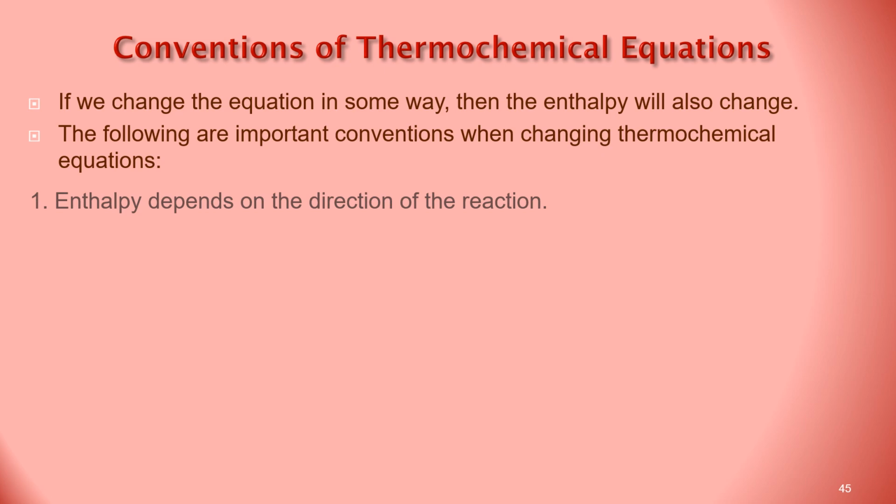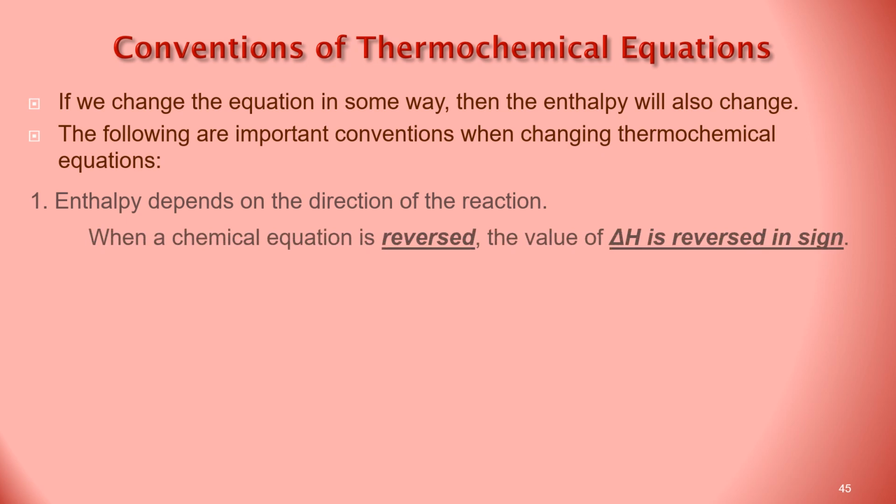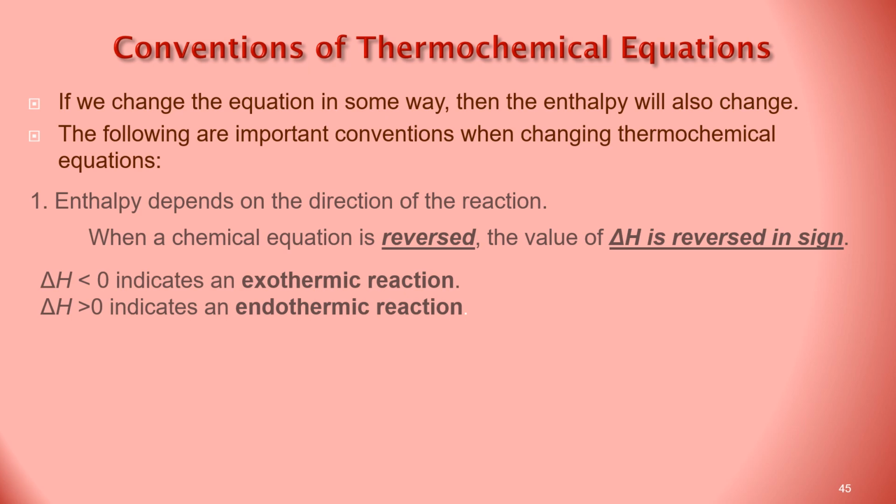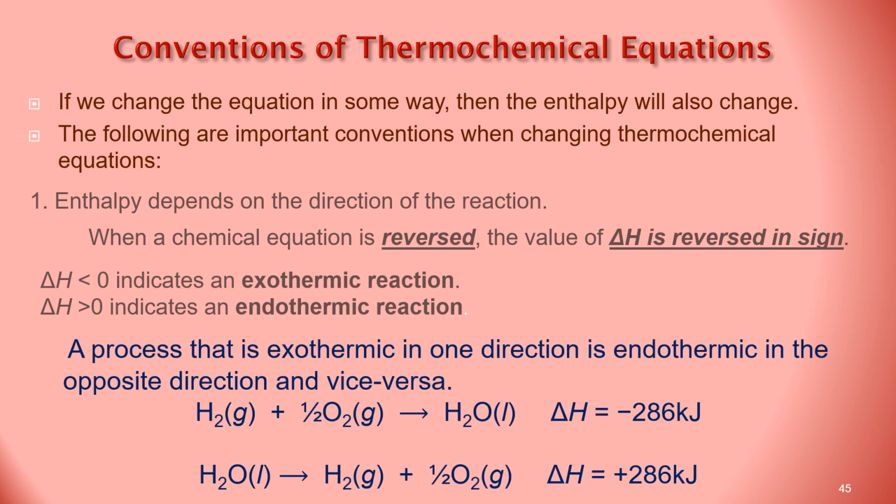First of all, it depends on the direction of the reaction. So we've talked about this before. If a chemical equation is reversed, then the value of delta H is also reversed. The sign is reversed. So if delta H is less than 0, it's an exothermic reaction. If you reverse the equation, the delta H will become positive because it's an endothermic reaction.